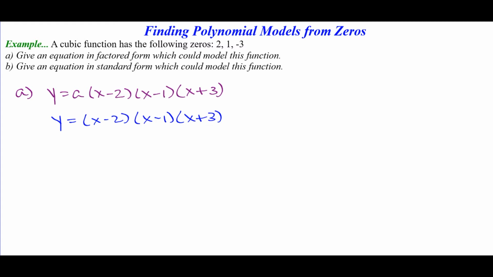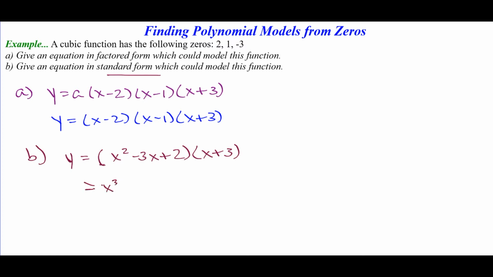Also, we want to do the answer in standard form. In standard form, we're just going to take that factored form and multiply it out. You're just going to have to remember your algebra here. We multiply these first two terms together, and I get x squared minus 3x plus 2. Then I'm going to multiply by that last factor, the x plus 3, so we distribute there.